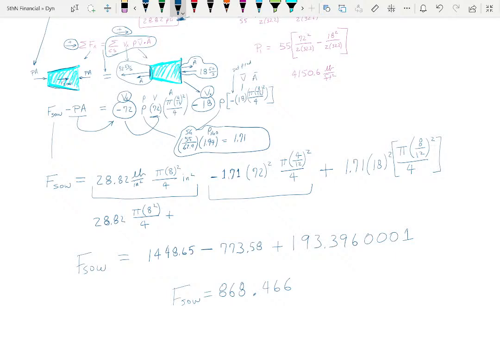Oh, and then he takes that, moves the digits over. So here's what he's doing: 868, 466 over. Okay, 1, 2, 3, 1, 2, 3, and then he moves it back away from there and says it's 868 times 466 over 1,000.